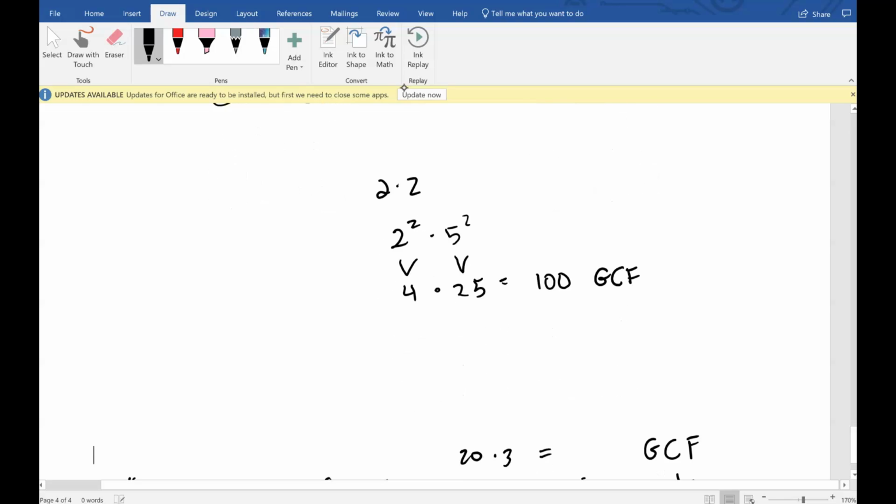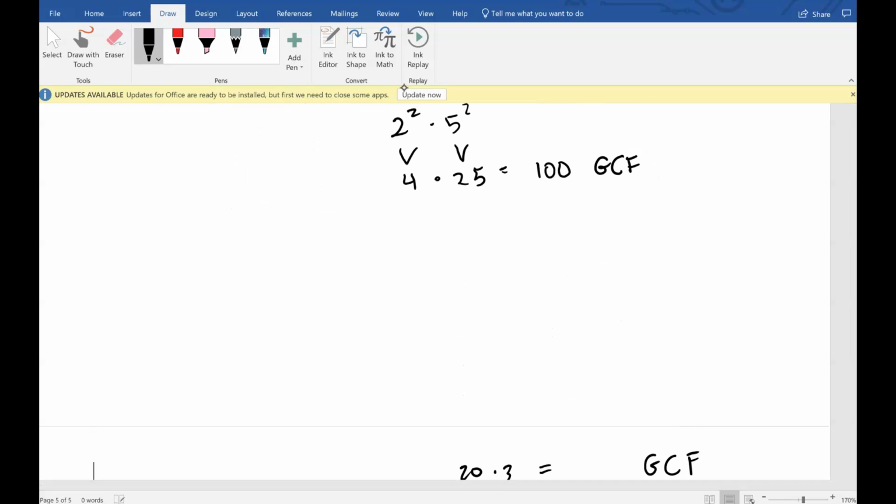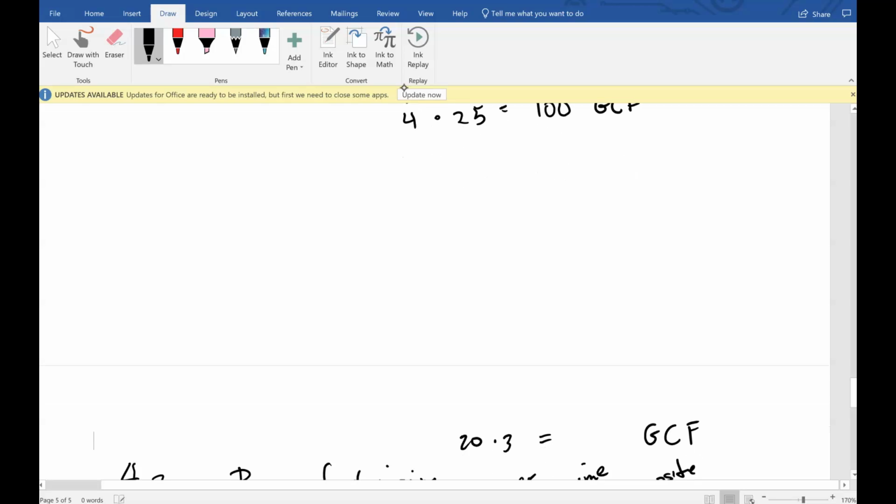Let's talk a little bit about what happens when we have letters. For example, number 23. 23 in the book has a list of letters and numbers. So 9, c to the 3rd, d to the 5th.